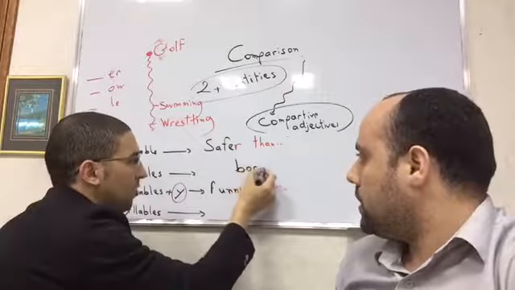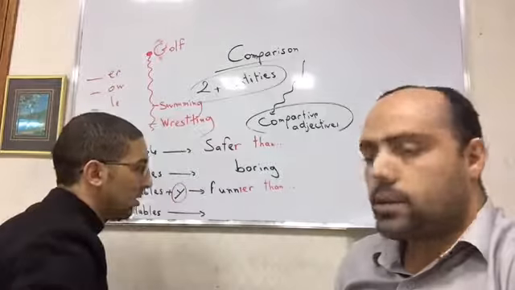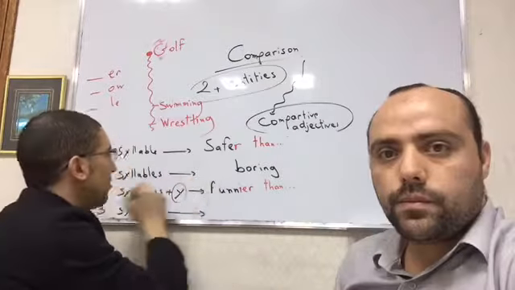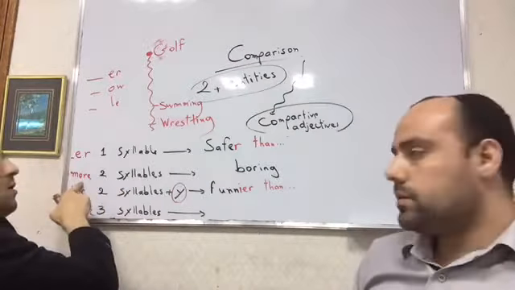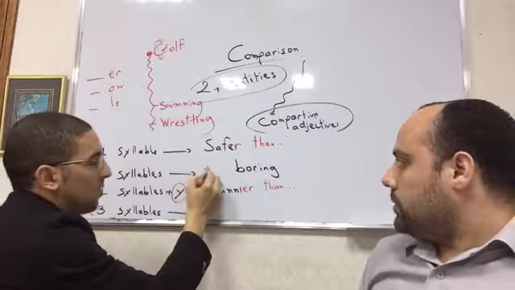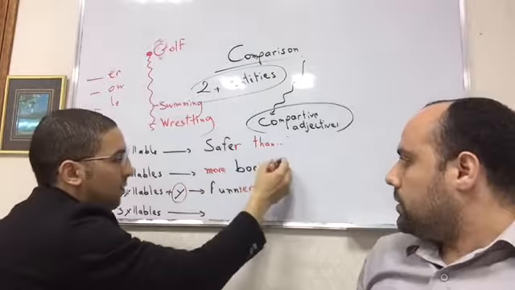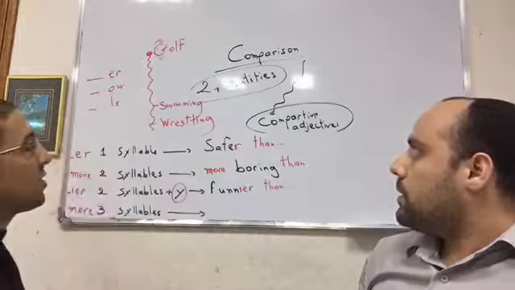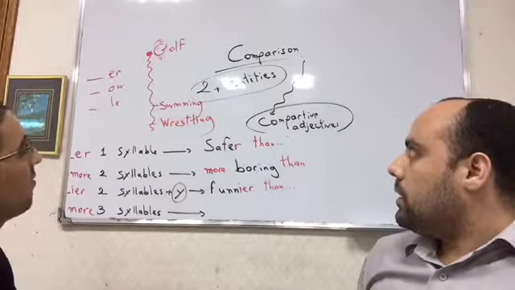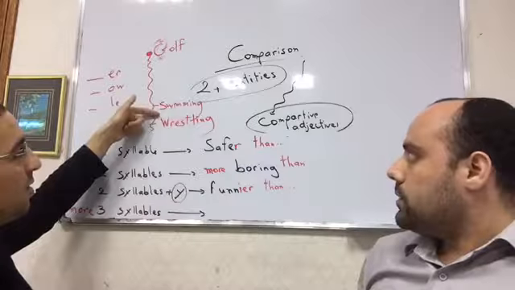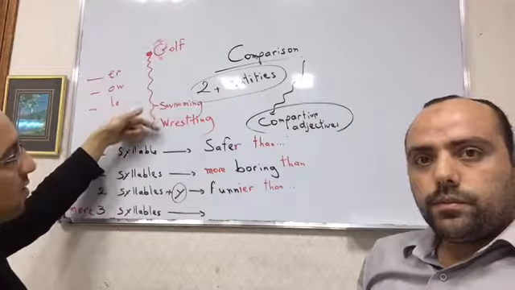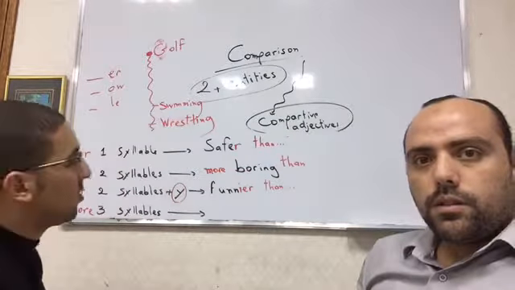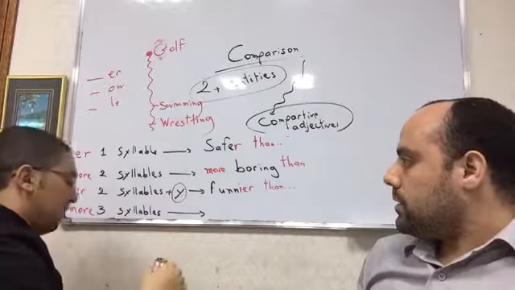We're not going to say boringer. We're going to start with more. We're going to say more boring than. So here, comparing these sports again, we can say that golf is more boring than swimming, and swimming is more boring than wrestling.